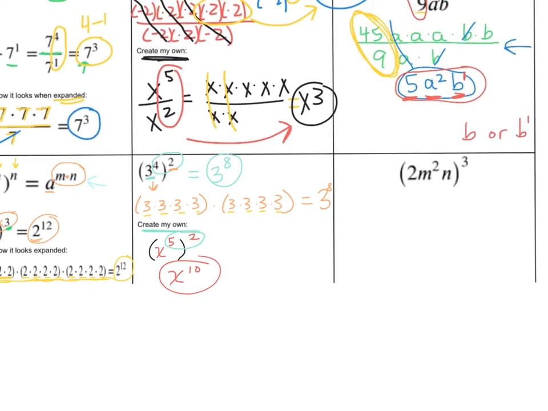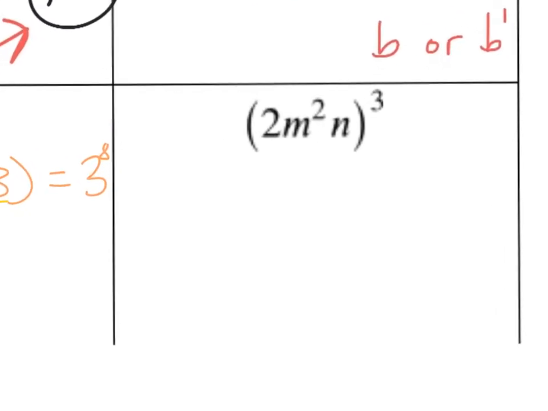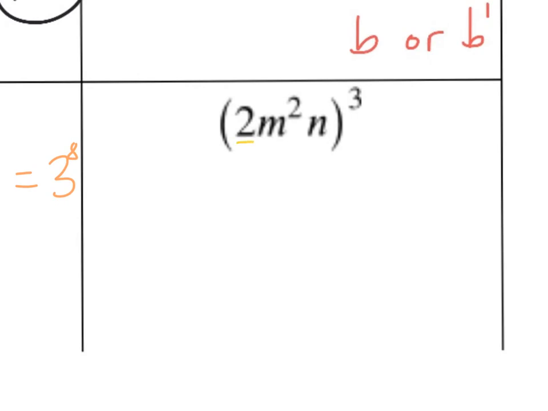And now for the final column, we're going to see what it looks like with a coefficient. Now here's a coefficient. So this is a lot more challenging, but when we have an exponent on the outside, every single thing gets raised to the 3rd power.